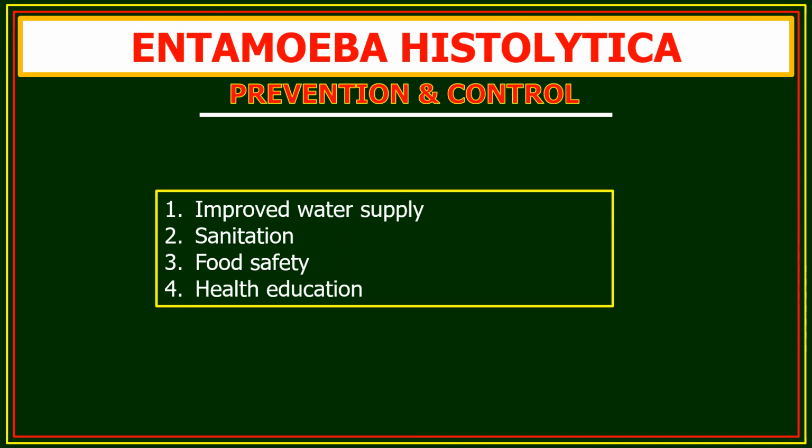For food safety, washing fruits and vegetables with clean water or peeling them yourself helps reduce the transmission of this parasite. And health education: we have to educate everyone that this disease can be transmitted by just holding anything or putting something in your mouth, and this can be spread through different forms of social media.